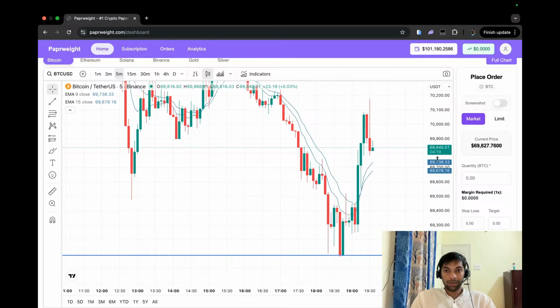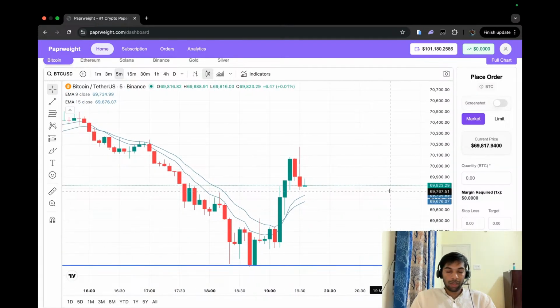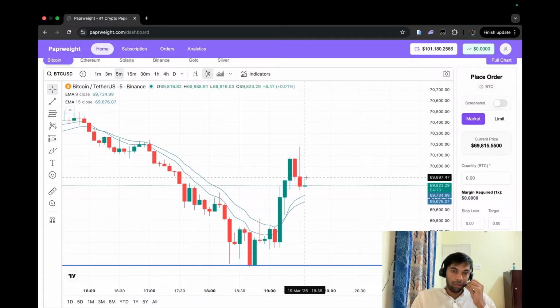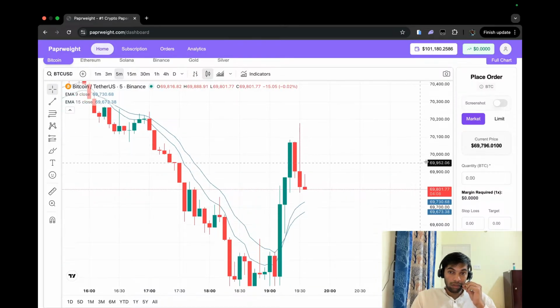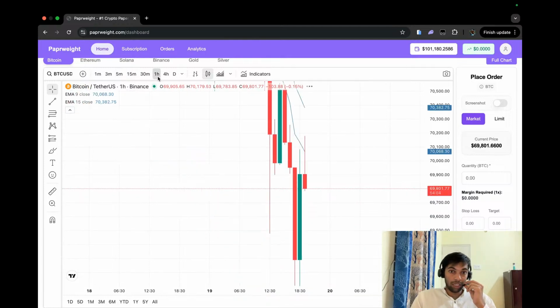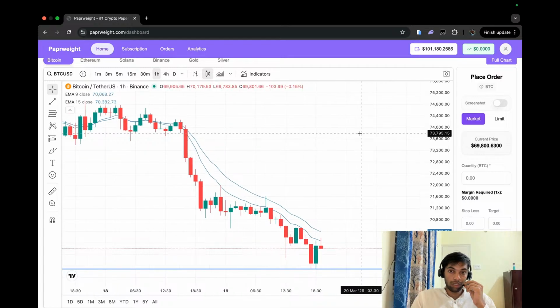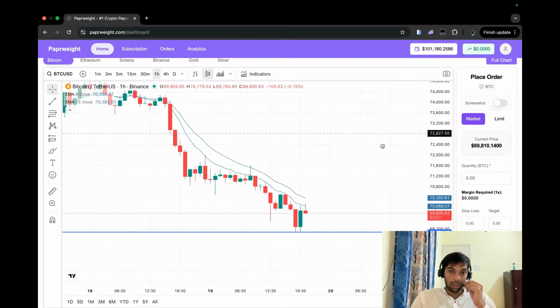All right, so this is a reversal actually, so we have to see whether this is an actual reversal, or it's just a pullback at the higher time frame. As you can see, at the 1 hour time frame, it can be considered a pullback, and the market can make lower lows up till this area, right?